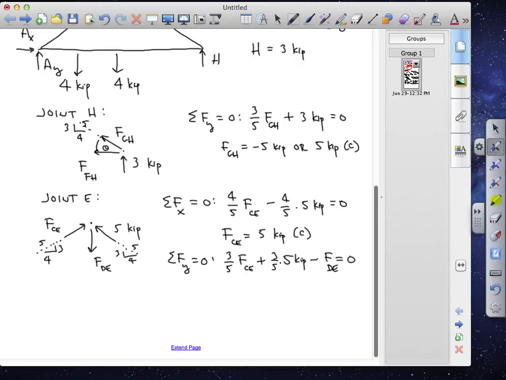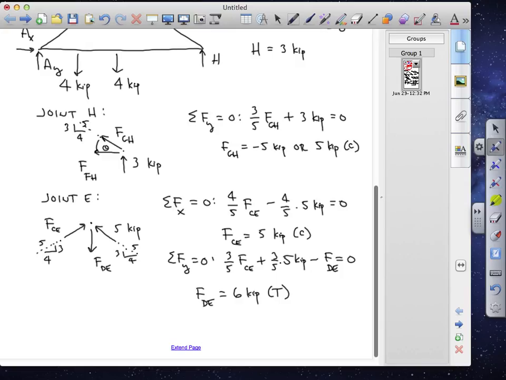And since FCE is 5 kip, what we end up with is that FDE is 6 kip, and the way it's been represented here, that's going to be in tension. So that's our first solution using entirely method of joints.